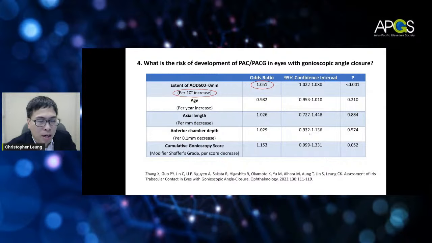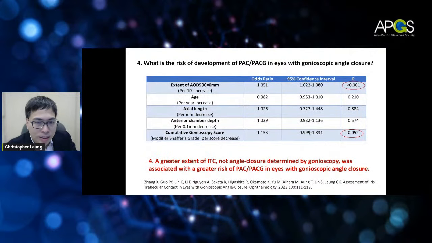The greater the extent of ITC, the higher the risk of primary angle closure and/or primary angle closure glaucoma. And what's interesting is that a greater extent of ITC, but not angle closure determined by gonioscopy, was associated with a greater risk of PAC or PACG in eyes with angle closure defined by gonioscopy.